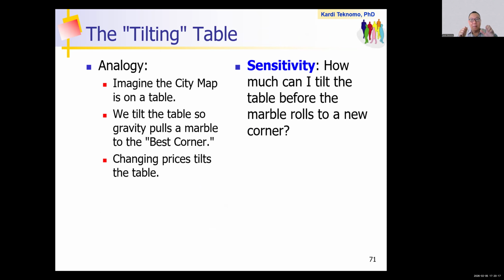The sensitivity analysis actually measures how steep that tilt needs to be before the marble suddenly rolls to a different corner. Do you understand the meaning of sensitivity analysis? It's not that just a little change will suddenly move it, but it depends on the tilting of that table. This is just an analogy. I hope using this you get a better understanding.